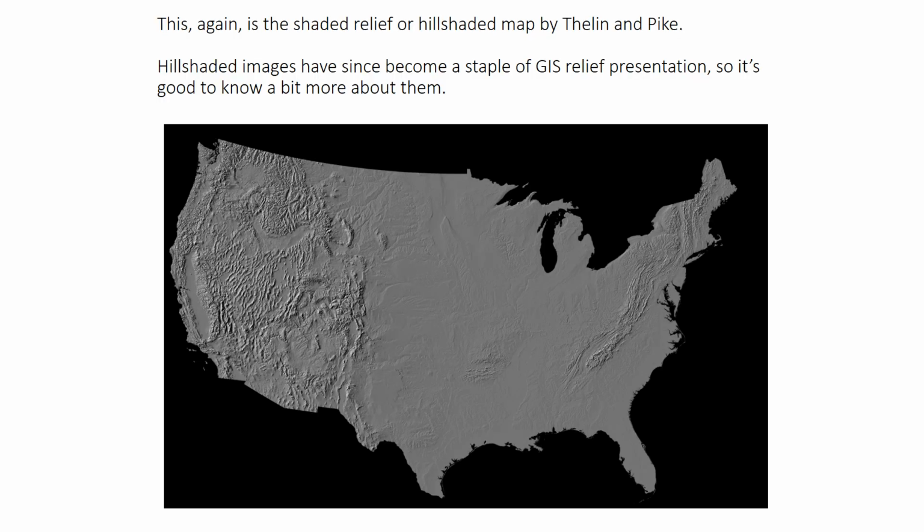So this is a map of the shaded relief or hill shaded image by Thelin and Pike that we saw earlier. This is again sort of a real staple of elevation representation, and so we're going to dive in even a little bit deeper still to learn a little bit more about how these are made.